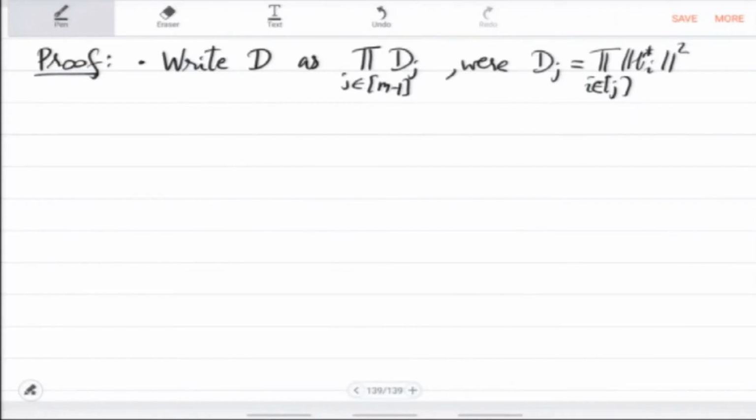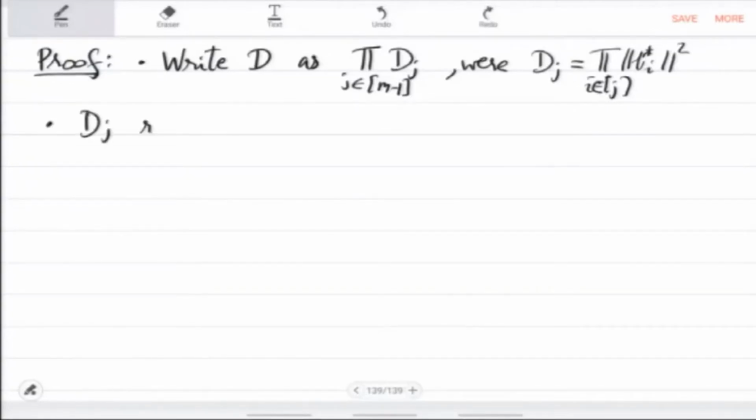Dj has a nice interpretation. If you think in terms of orthogonal axes, if you multiply the lengths of the axes, this represents some kind of a volume. Okay, so the potential function D is actually a product of volumes of let's say subcubes or subparallelepipeds.